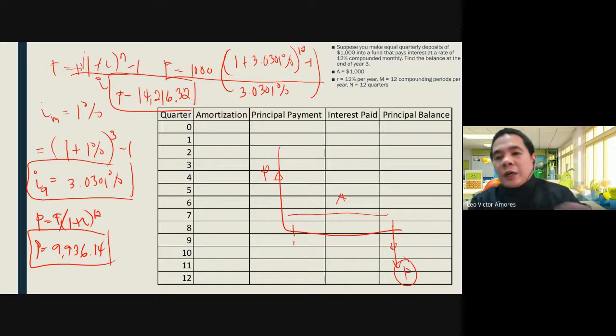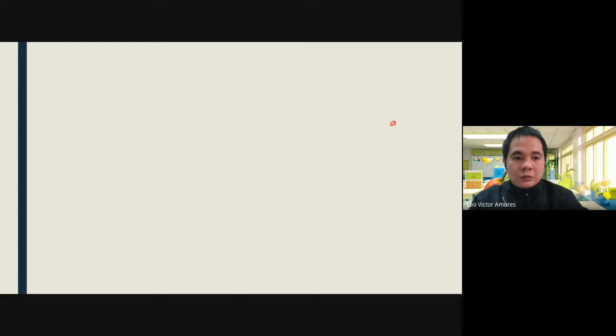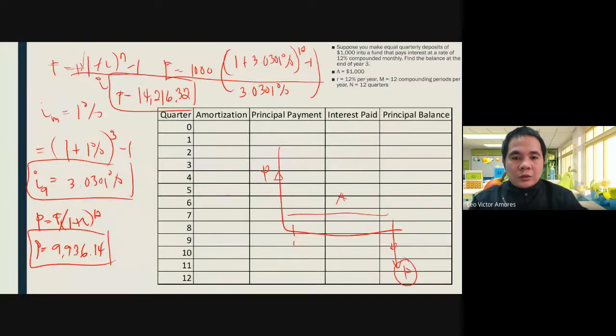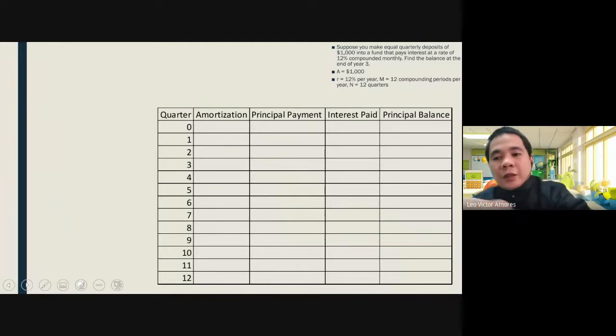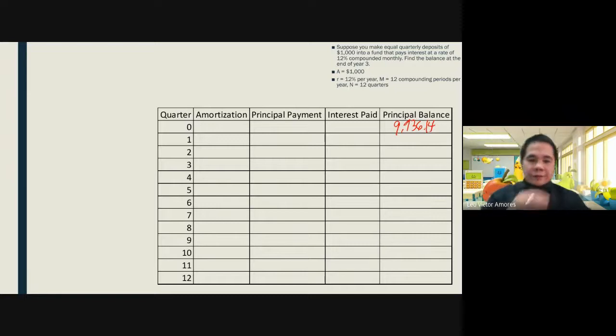So that means his loan is about 9,000. But in other terms, his loan amount is, I'll erase first, 9,936.14. Assuming the problem is an ordinary annuity, he did not pay any amortization on the first payment, on quarter zero.